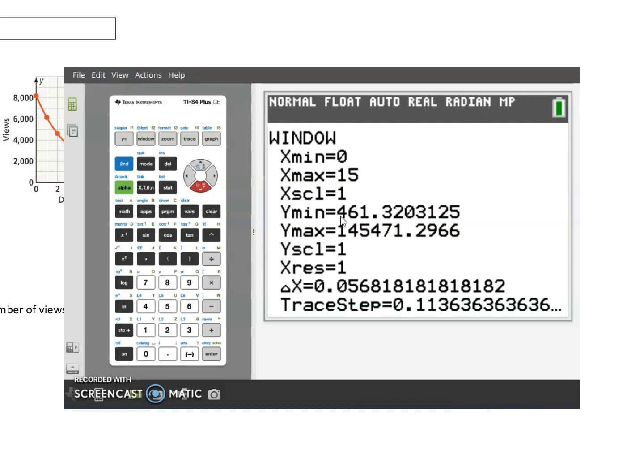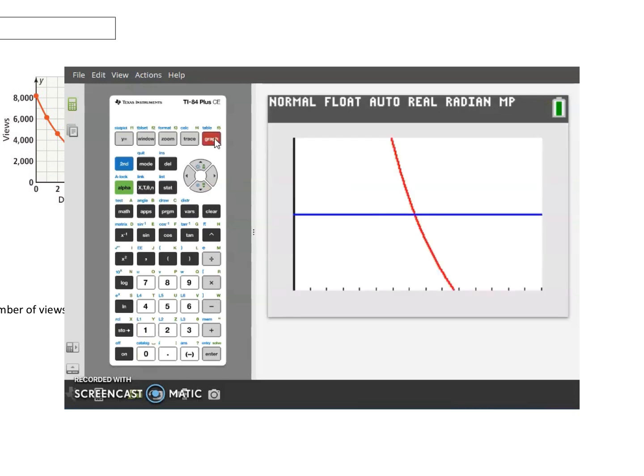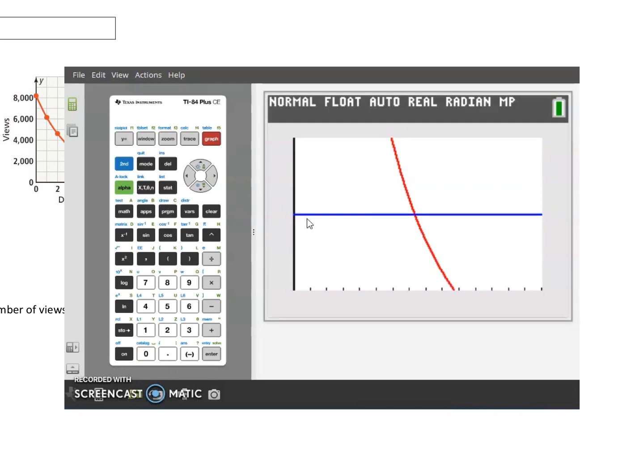So maybe I'll just put it from 500 to 1,500. The 14,000 we didn't need it that big. All right, so now let's graph and see. Okay, so that looks a little bit better. So we want to know, here's our number of days, the x is along the bottom, how long does it take for our function to get below, here's 1,000 right here.